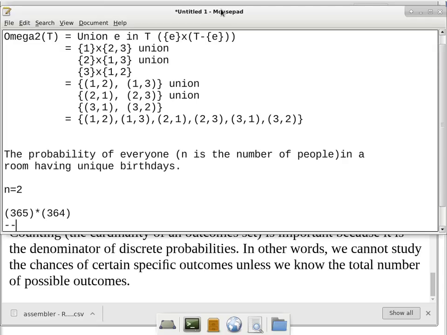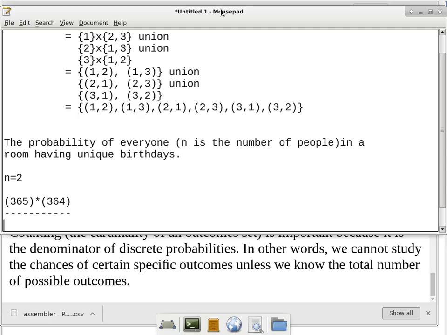This is the number of ways that we can have birthdays among 2 people so that they are distinct. But you have to divide it by the total number of possible ways to have birthdays between 2 different people, including on the same day.